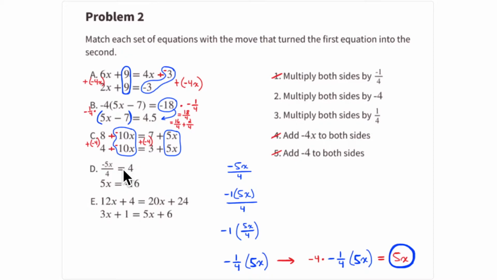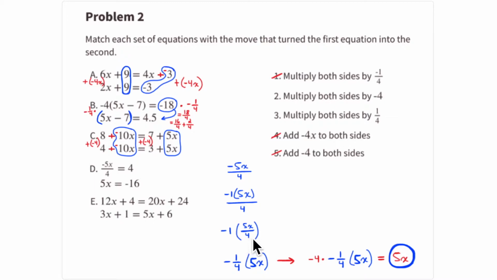D, you have to look a little bit more closely at this term right here. What are different ways that you can write negative 5x divided by 4? You could factor out the negative 1 and write this as a negative 1 times 5x divided by 4. You can move this negative 1 outside the entire fraction and write this as negative 1 times 5x divided by 4.